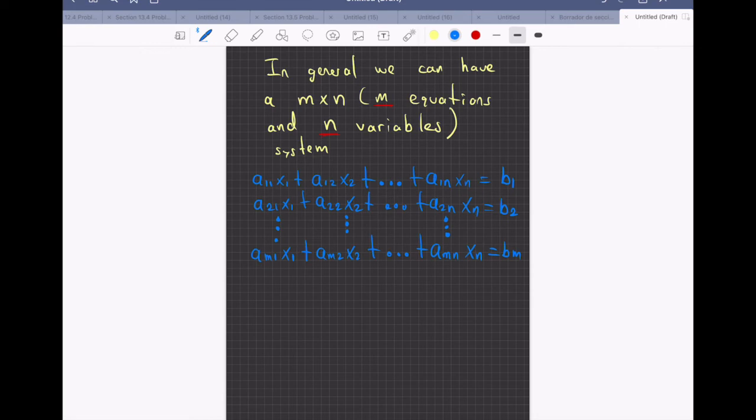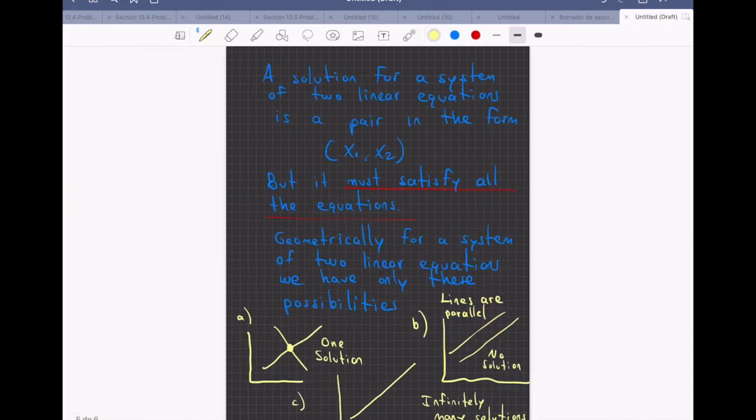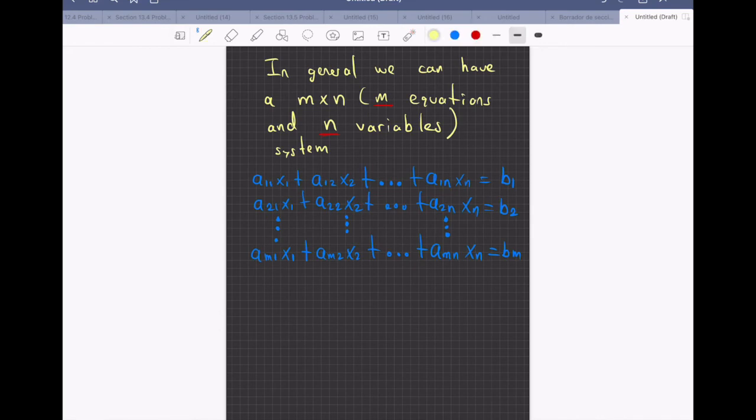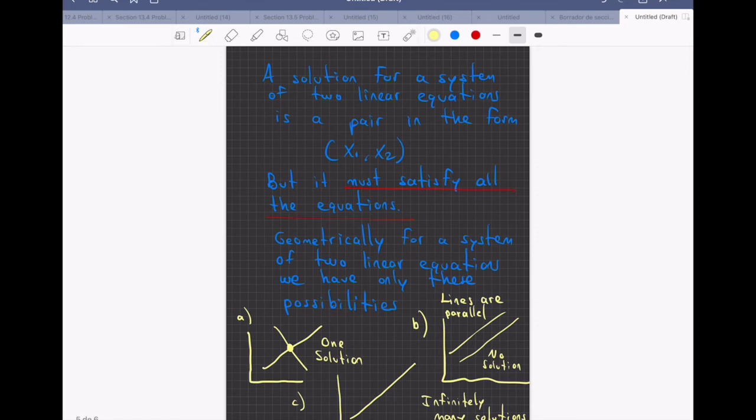But by now, one question for you. For the case when we have a system with only two equations and two variables, we know these are all the possibilities: one solution, no solution, or infinitely many solutions.